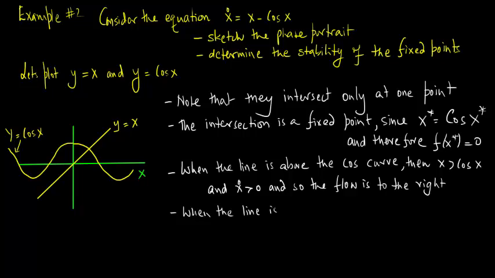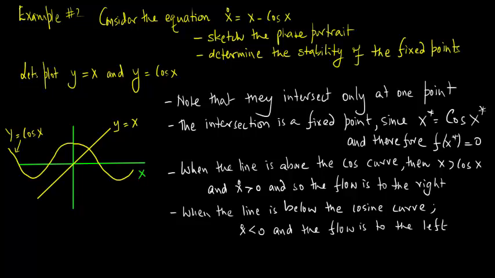When the line is below the cosine curve, then x dot is less than 0 and the flow is to the left. Now we go ahead and identify the fixed point x star.